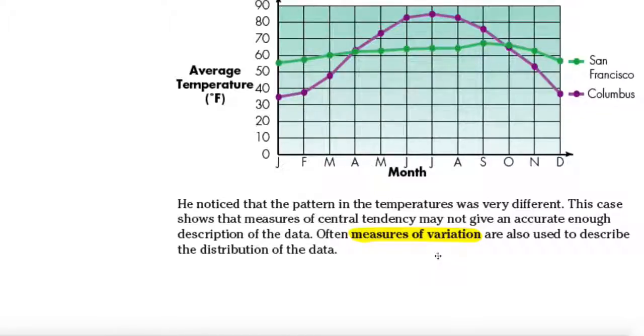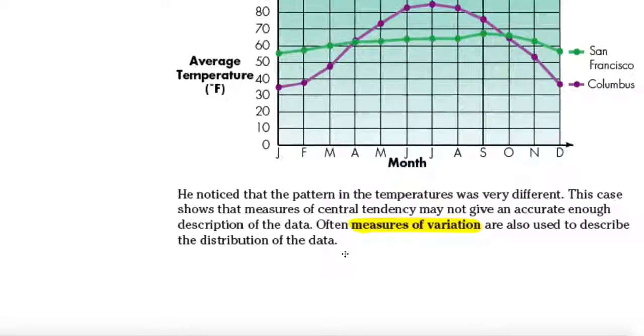Often measures of variation are also used to describe the distribution of data. So he wanted to use another method aside from the measures of central tendency. He wanted to use measures of variation, another way to analyze the distribution of data.